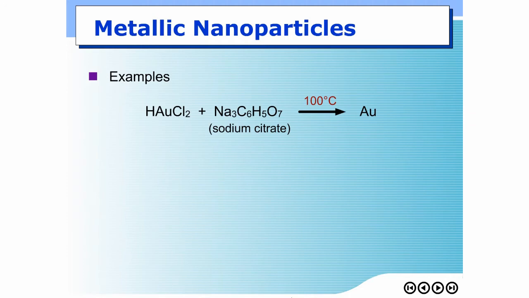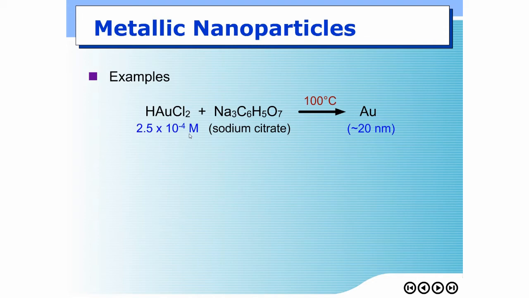The first example is the synthesis of gold nanoparticles. The most common precursor for gold nanoparticle synthesis is gold chloride, or what we call auric acid here, and sodium citrate, which is basically the reducing agent. The reaction takes place at high temperature, about 100 degrees C, where water is usually used as a solvent.